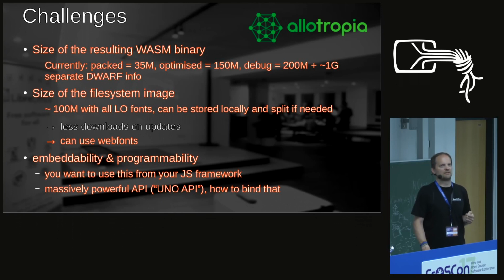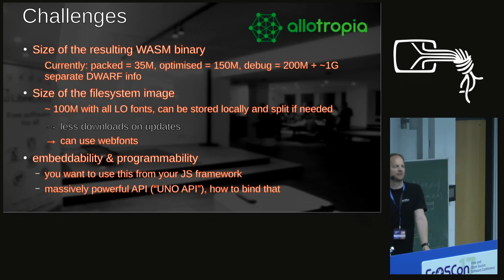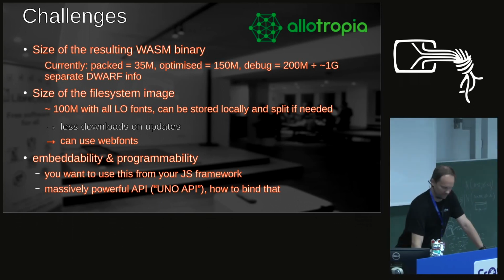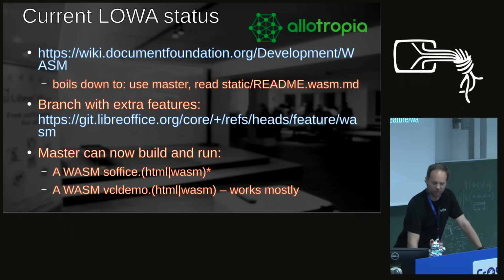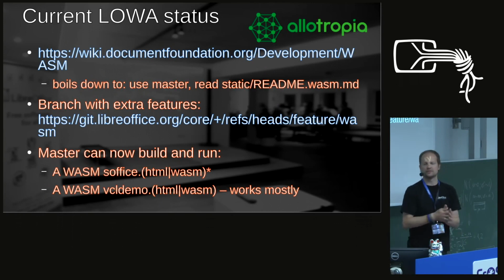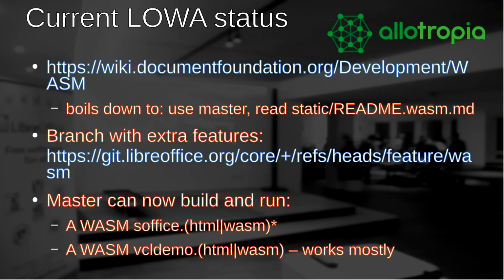And when we started, I didn't have really a good plan how to move that into something that we can use from JavaScript. So that's a bit of a spoiler, so that we keep you engaged.